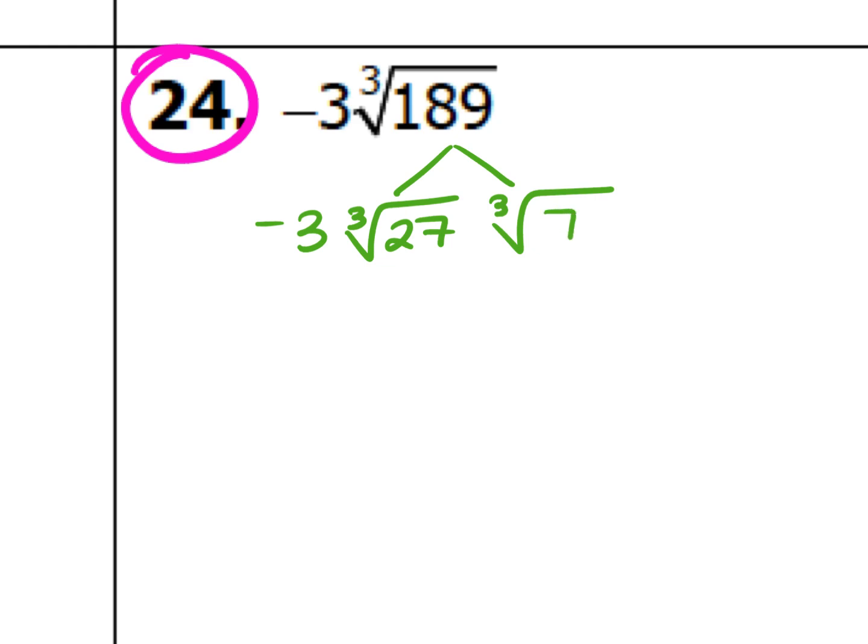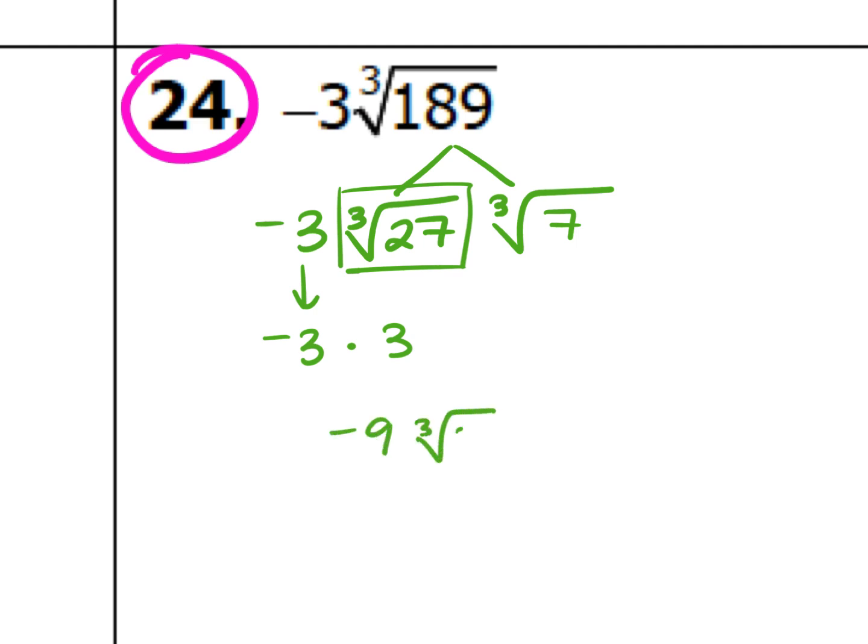So 27 times 7, and then you simplify. This is negative 3. What is the cube root of 27? What times itself 3 times gets you 27? 3. So you get negative 9, and then bring down your cube root of 7. Okay?